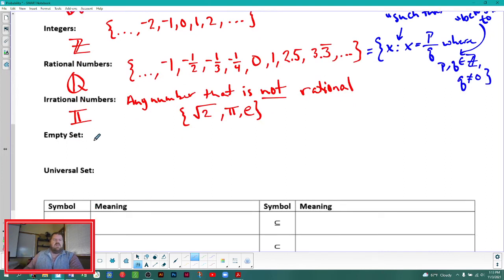All right. Then we have 2 special sets that aren't related to these. We have the empty set, which we mathematically denote as a 0 with a slash through it. It's the set of nothing.